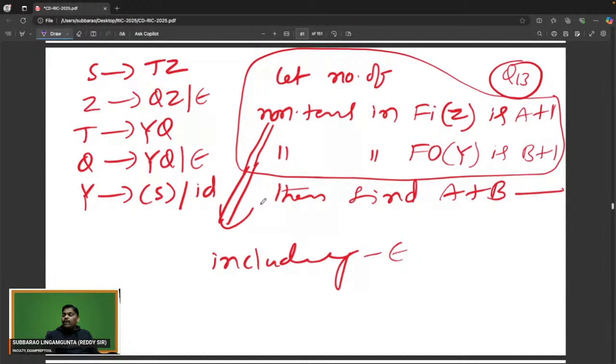Let the number of non-terminals in first of Z be A plus 1. Let the number of non-terminals in follow of Y be B plus 1. Then what is A plus B?